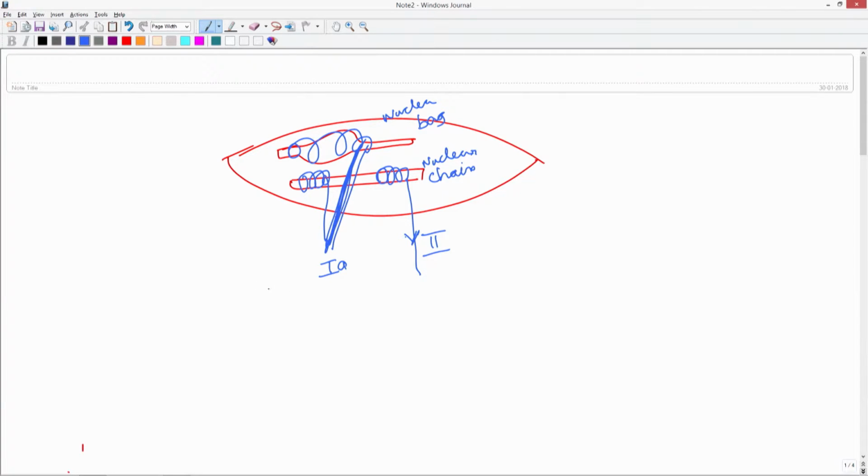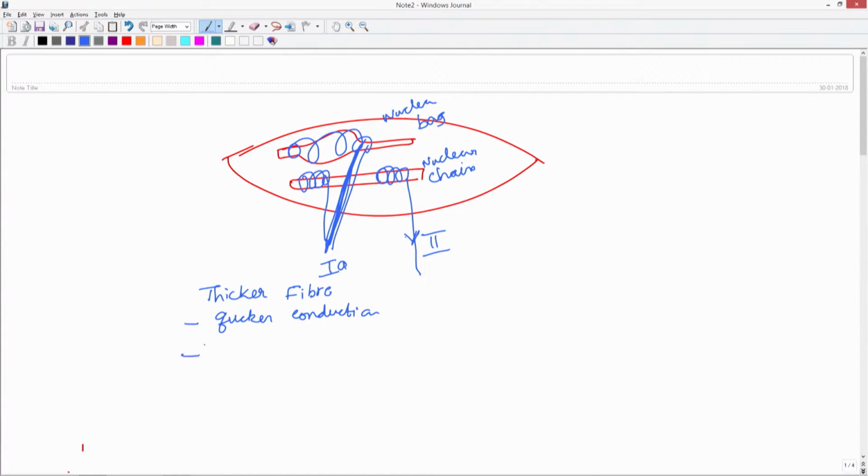So, 1A has connection from, this is thicker actually, first of all thicker nerve fiber. Thicker nerve fiber means quicker conduction when compared to the number 2 type of nerve fiber.